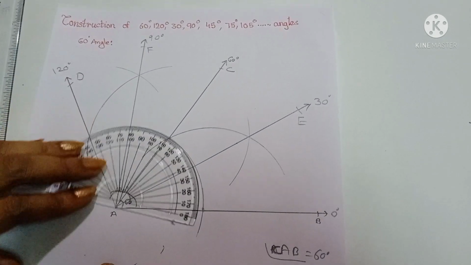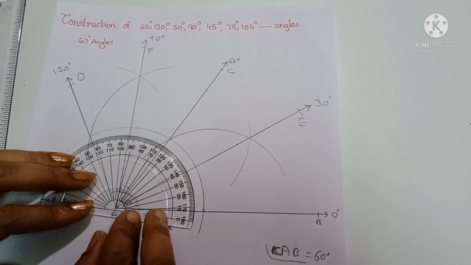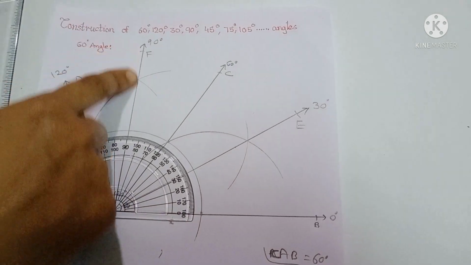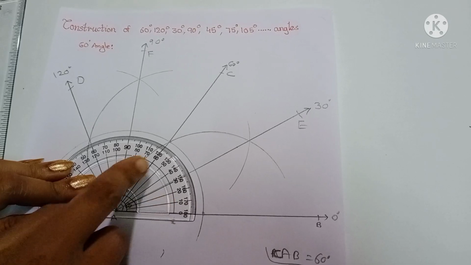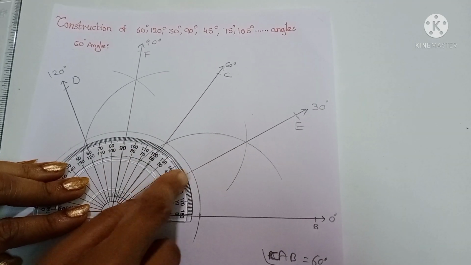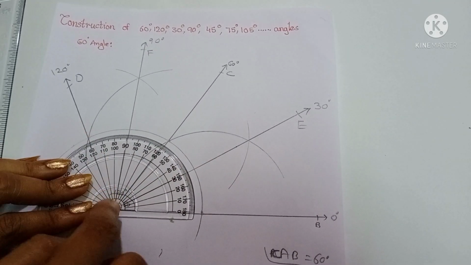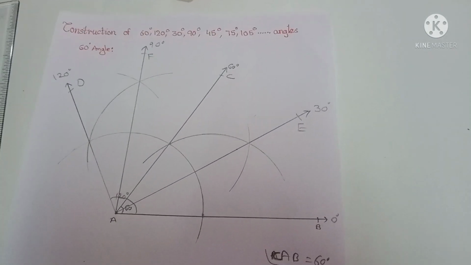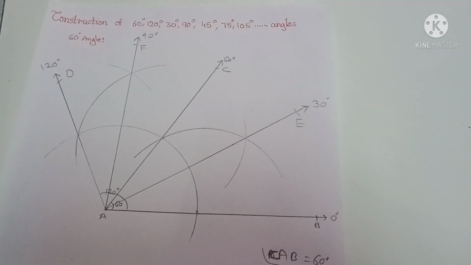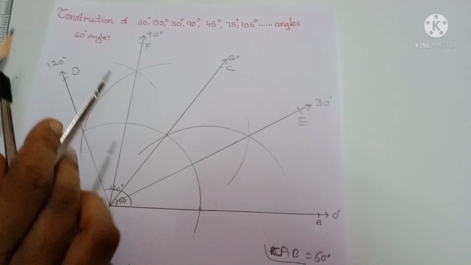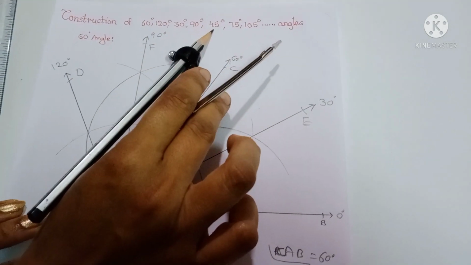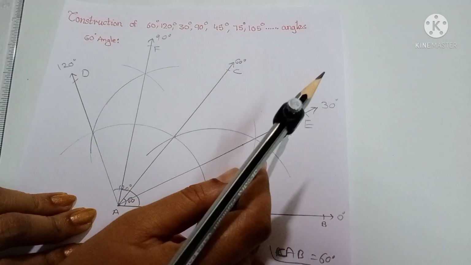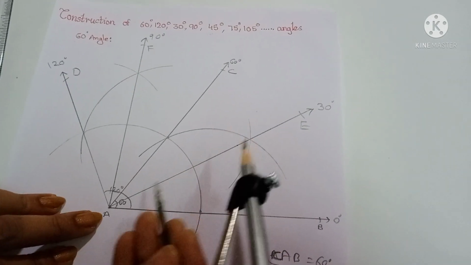Just check it. This is 90 degrees, this is 60 degrees, this is 30 degrees, this is 120 degrees. These are all correct. Next we draw 45 degrees. 45 means the angle bisector of 30 and 60.